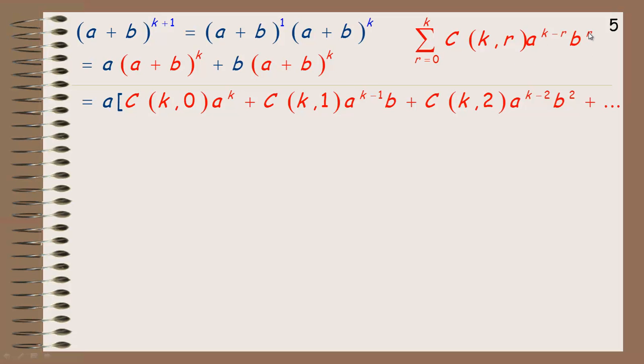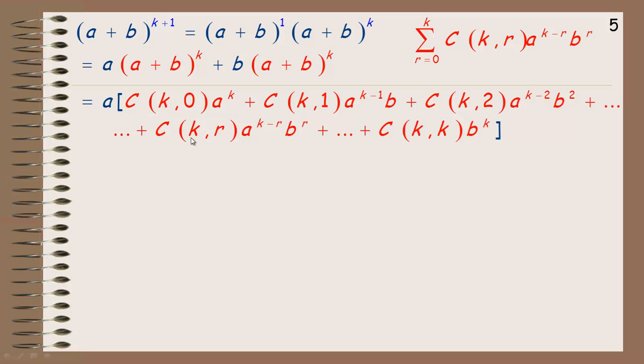And of course, b to the power 0, I wouldn't bother to put it in because it's 1, so that's why there's no b here. And then we put 1 in place of r, so k choose 1 would be this term. If we put 1 in place of r here, this would be k minus 1 for the exponent, and b to the first. And then 2, 2 here, 2 here, 2 here, etc. It keeps on going, of course, up to whatever k is.